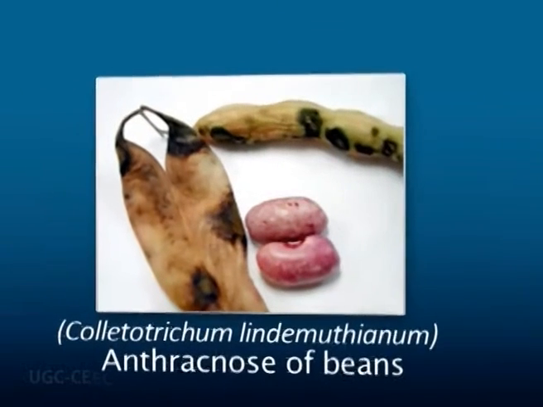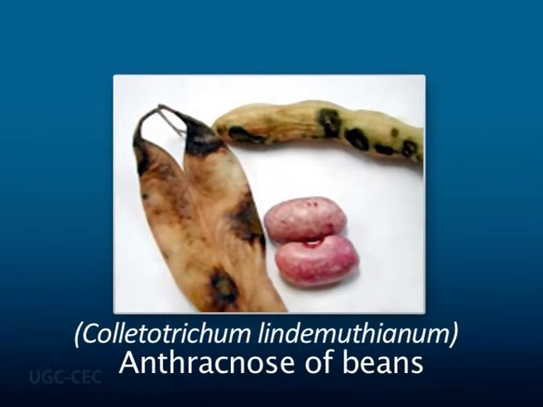In case of Colletotrichum lindemuthianum, which causes anthracnose of bean, the mycelium is localized in the lesions only. In the beginning, mycelium is hyaline but turns dark at maturity. Cell contents also become denser and thicker with the age of the hyphae.